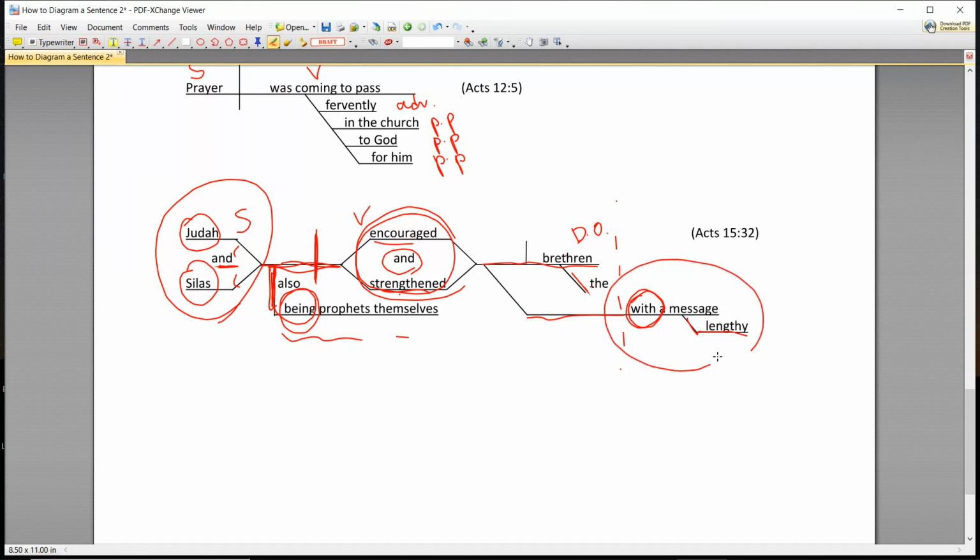Even though this is modifying the verbs, they still appear at the end of the sentence. So I wanted to put them at the end by extending this line, right? Okay. So anyway, this is it.